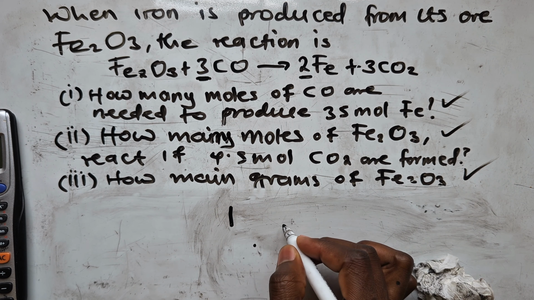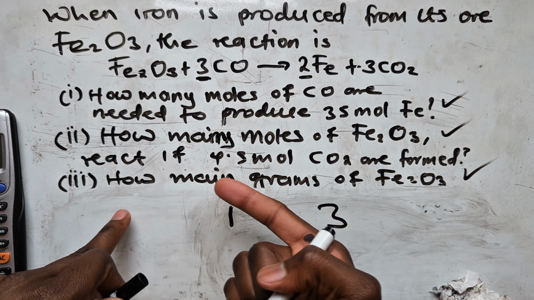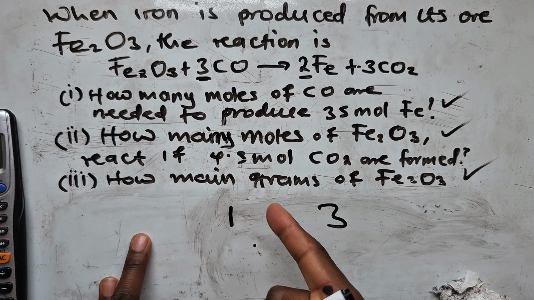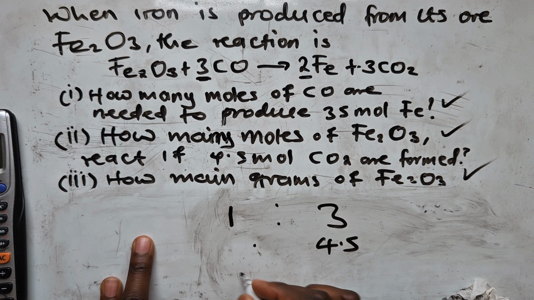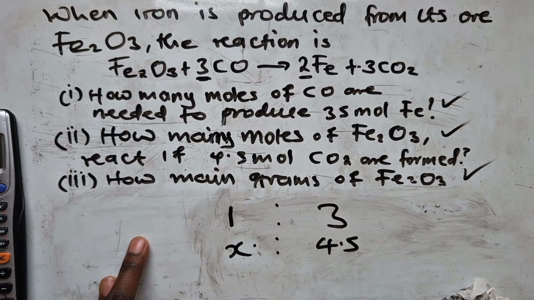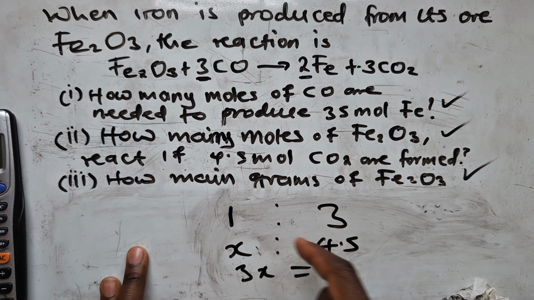So in this case, we have 1, 3. So we've been given one of these moles already, which is 4.5 here. Then there I put your x. Okay. So if you multiply this and that, you get 3x equal to 4.5.